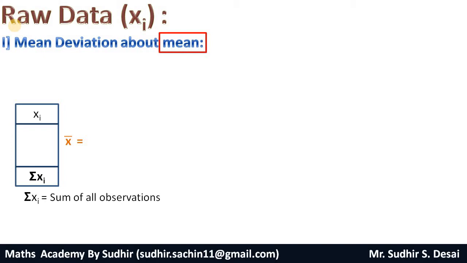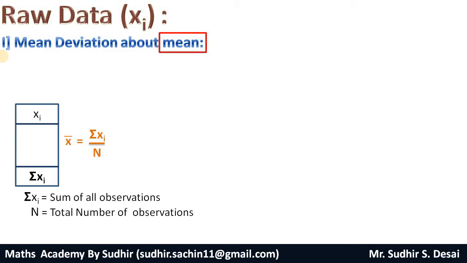In the numerator we write the summation of the last column. Here the only column is xi, so its summation is summation xi, and divide it by, that is step 2, the frequency or number of observations. Here frequency is not given, so we divide by the number of observations, denoted by the letter n.